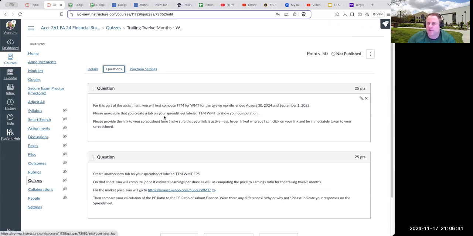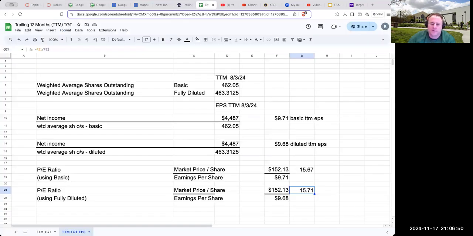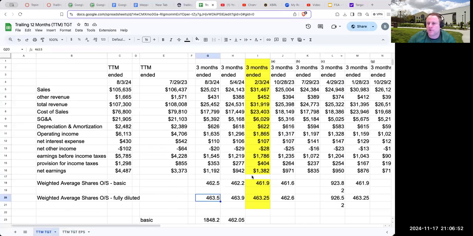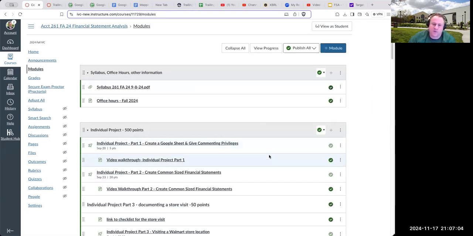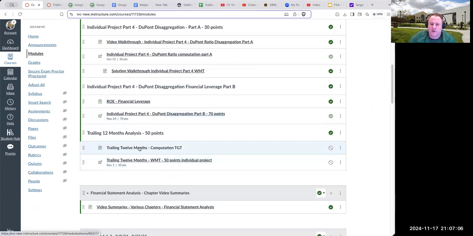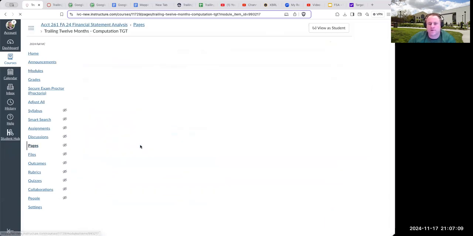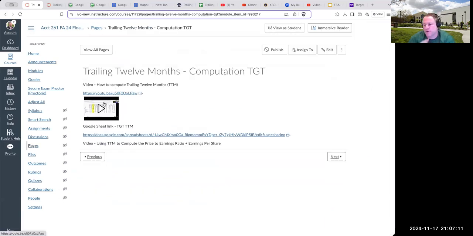Make sure you create a tab on your spreadsheet labeled TTM Walmart to show your computation, then provide a link to your spreadsheet. This first part is worth 25 points. In the modules along with this video, you'll find one that will show you how to do that part.